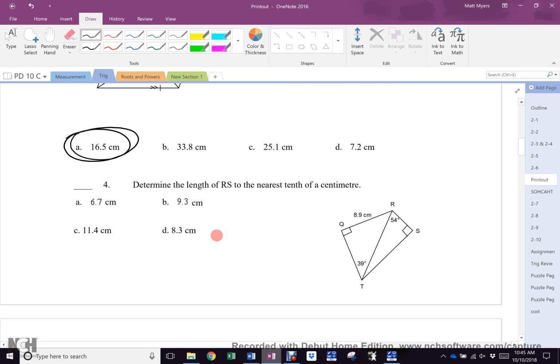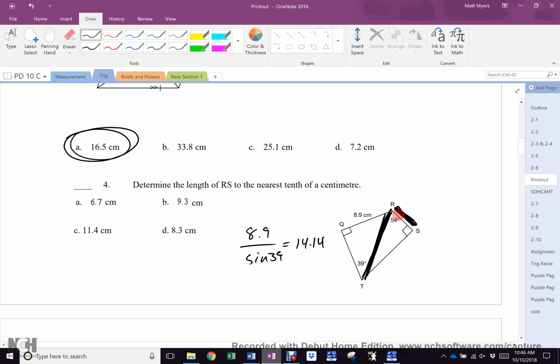Number 4, you needed RS. We just did this question. To do RS, you need that side, which is the hypotenuse over here. So you, of course, did 8.9 divided by sine 39 to get this, which is 14.14.